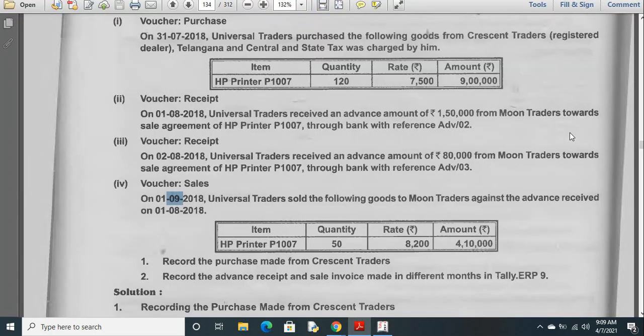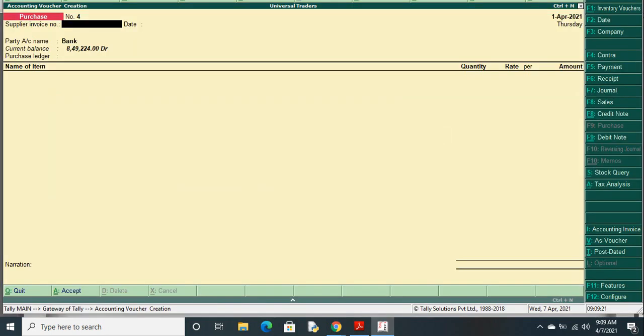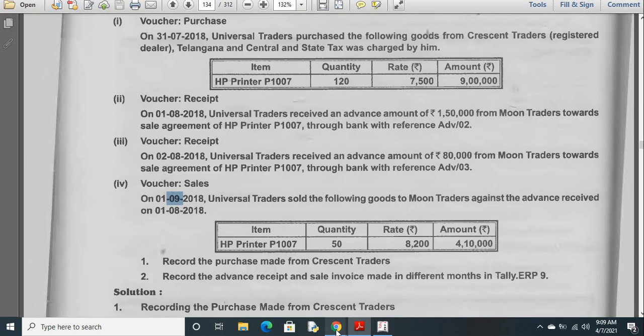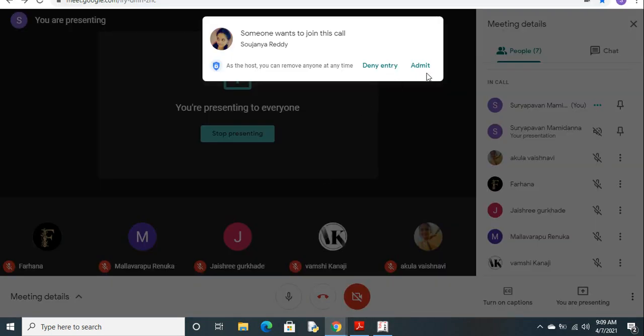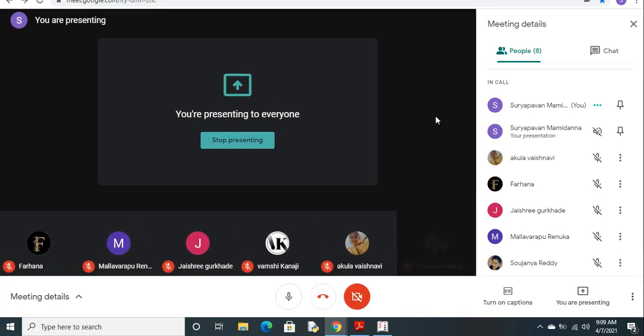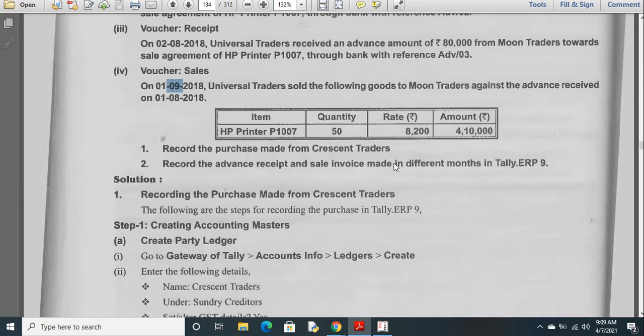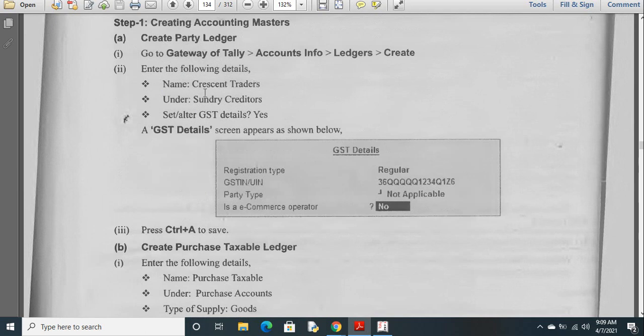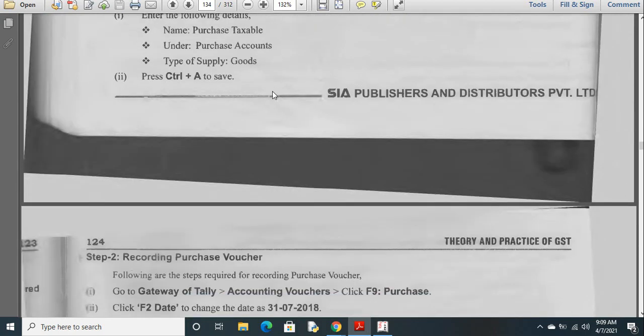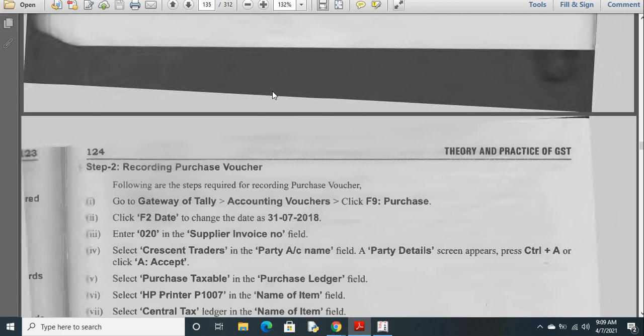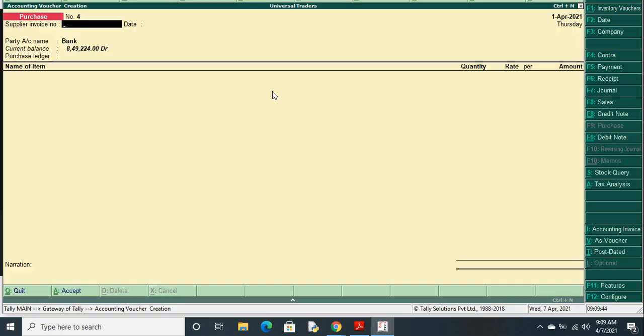What is the invoice he has given? In the purchase voucher, we have to create Crescent Traders as a sundry creditor, and create the purchase ledger, purchase taxable. Invoice number is 20, supplier number is 20.